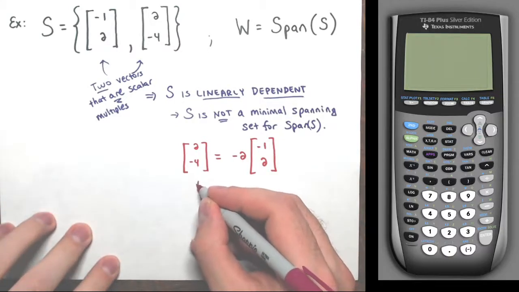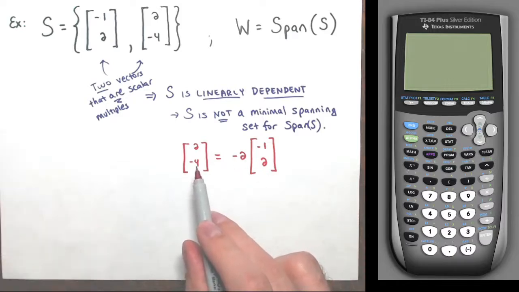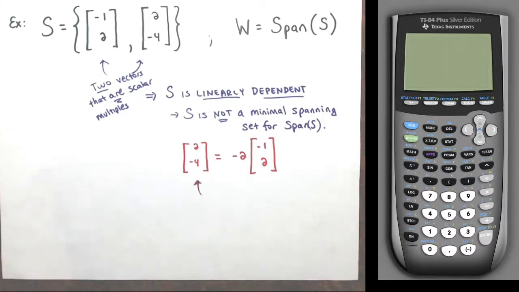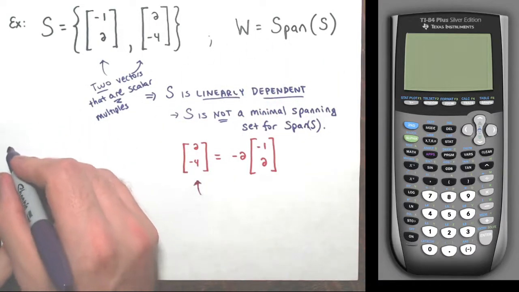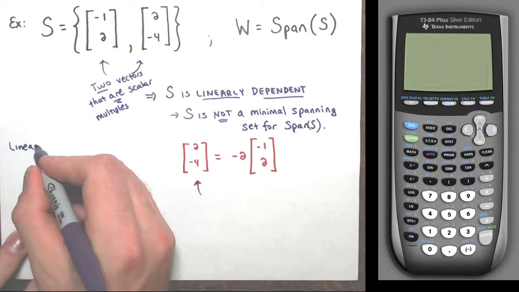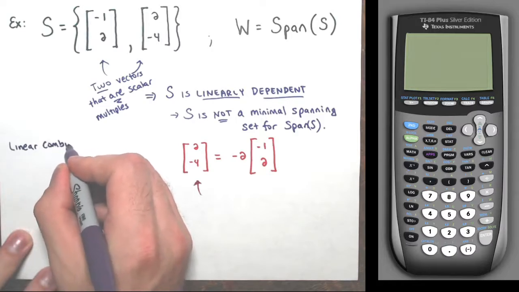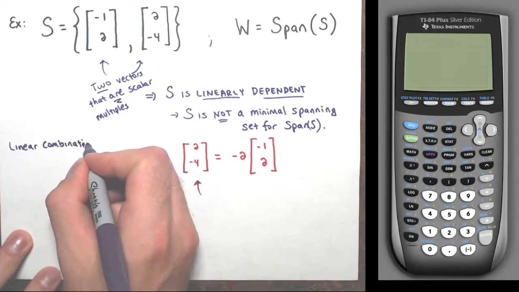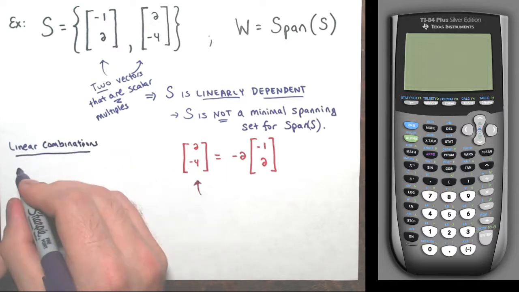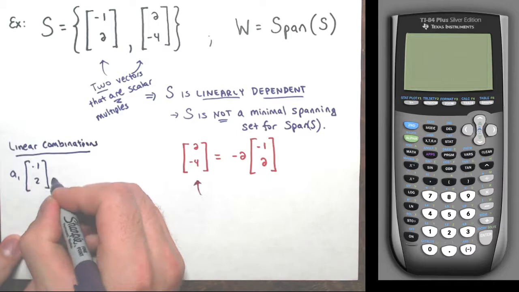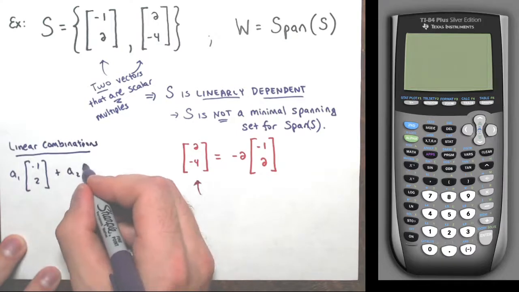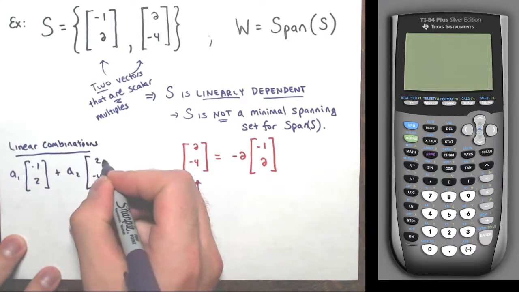So I'm going to remove one, because that means that this is unnecessary. Because watch this. The span of S consists of the linear combinations of the vectors in S, which would look like this: some scalar times -1, 2 plus some scalar times 2, -4.